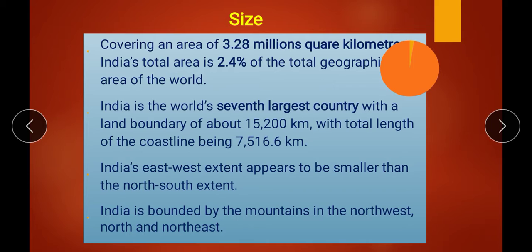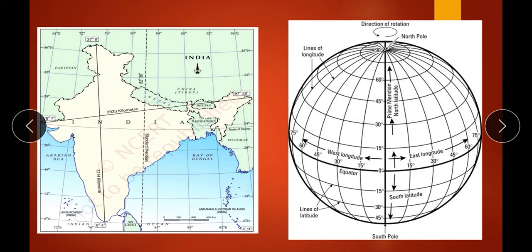India's east-west extent appears to be smaller than its north-south extent. Why? You have seen that the latitudinal extent is almost 30 degree and the longitudinal extent of India is almost 30 degree.